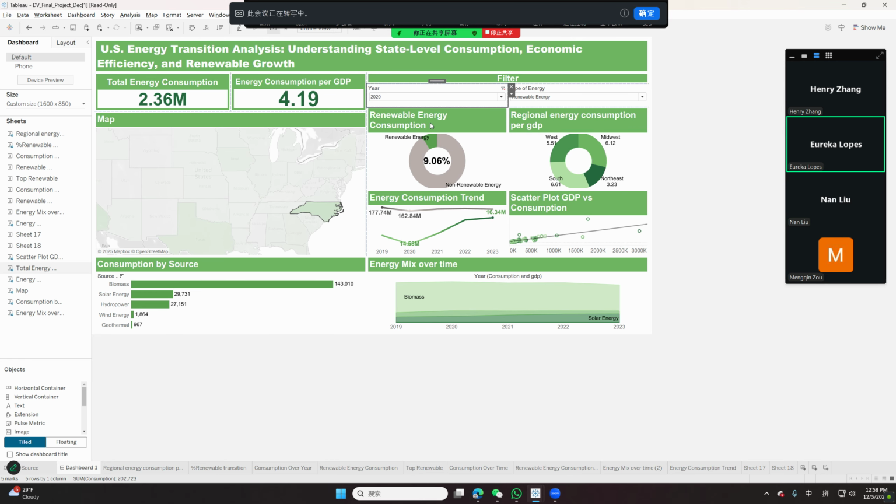Okay, awesome. The other thing I was thinking is that we stick to colors. What I mean is, renewable energy is always green and non-renewable is gray.